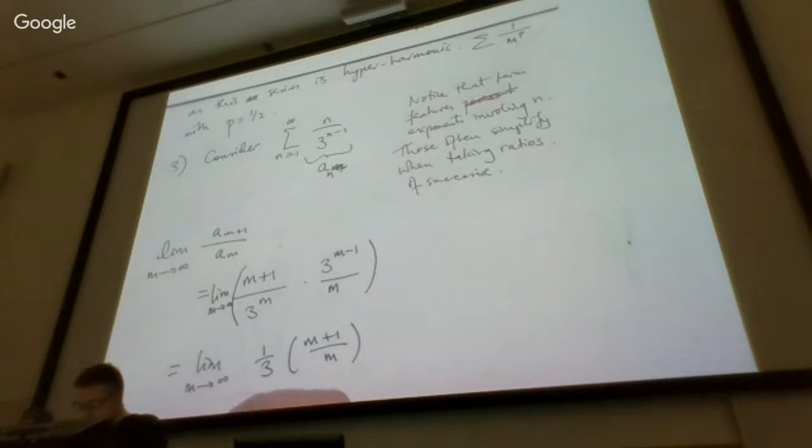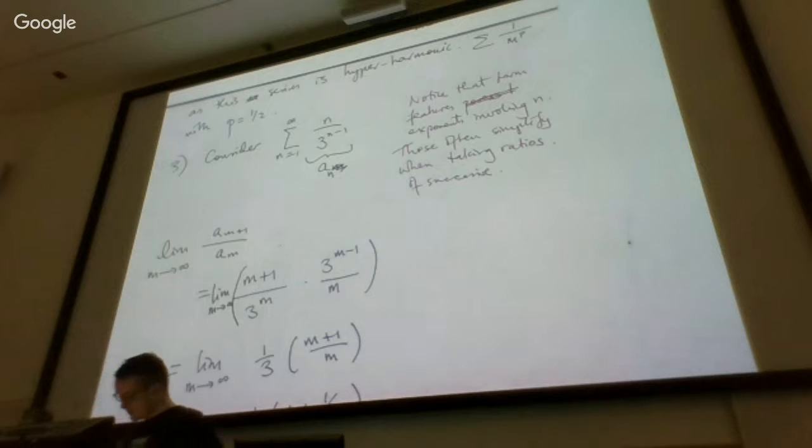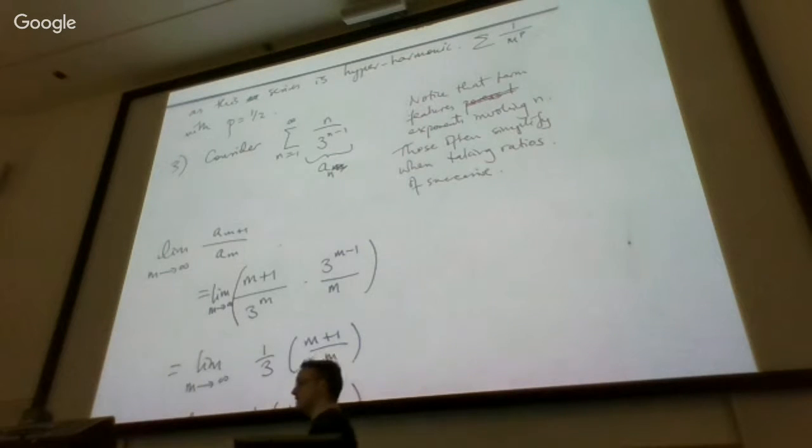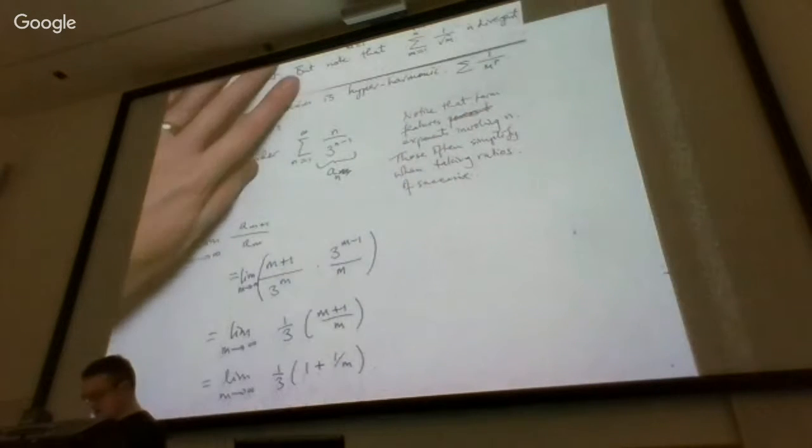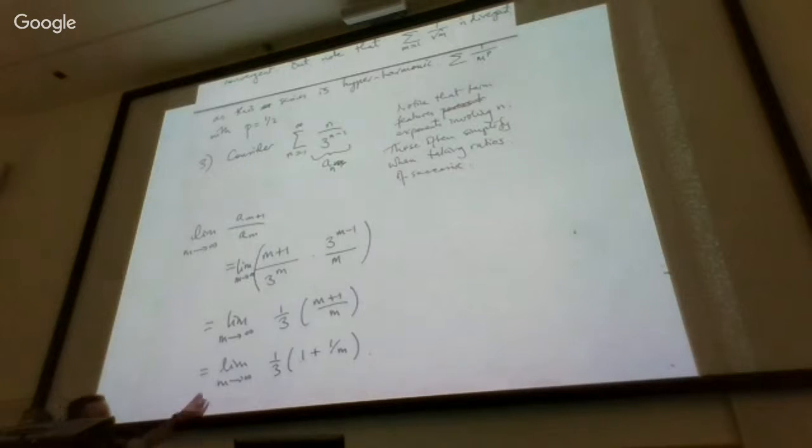But that can be rewritten as 1 plus 1 over n. And when we see it written like that, it's clear what the limit is going to be. We can apply our algebra of limits theorem for sequences.